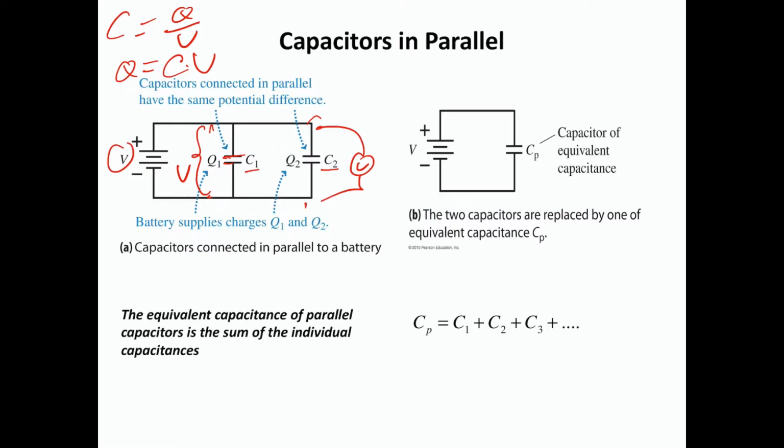So Q1 is C1V and Q2 is C2V. V is the same, but C1 and C2 may or may not be the same, so Q1 and Q2 may or may not be the same. It just depends on the capacitance.